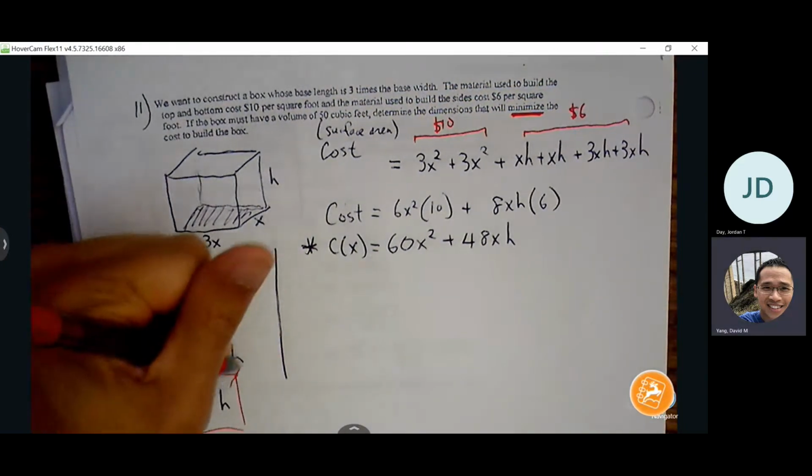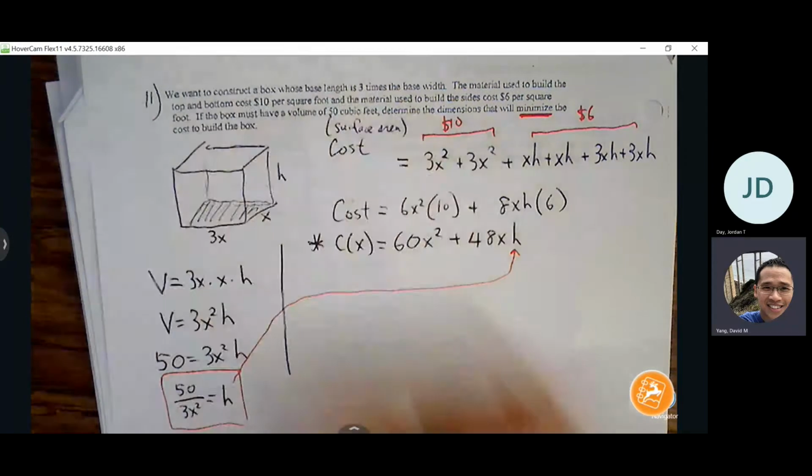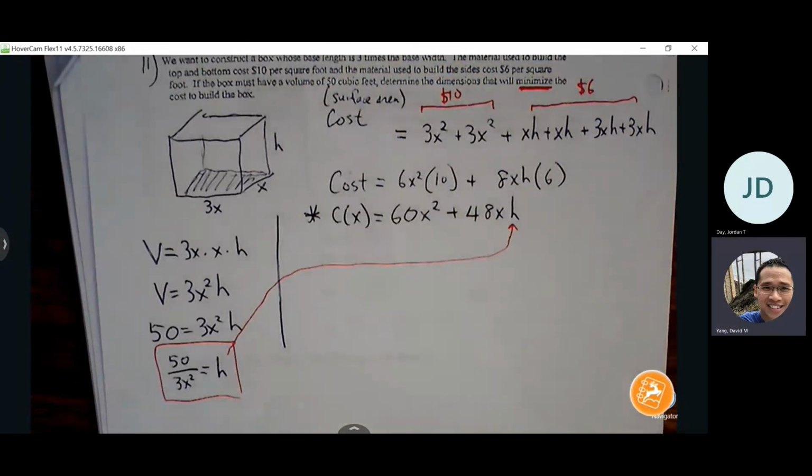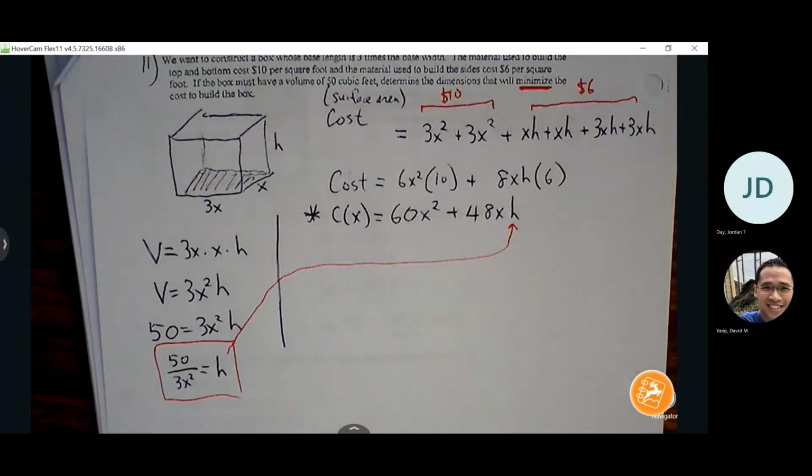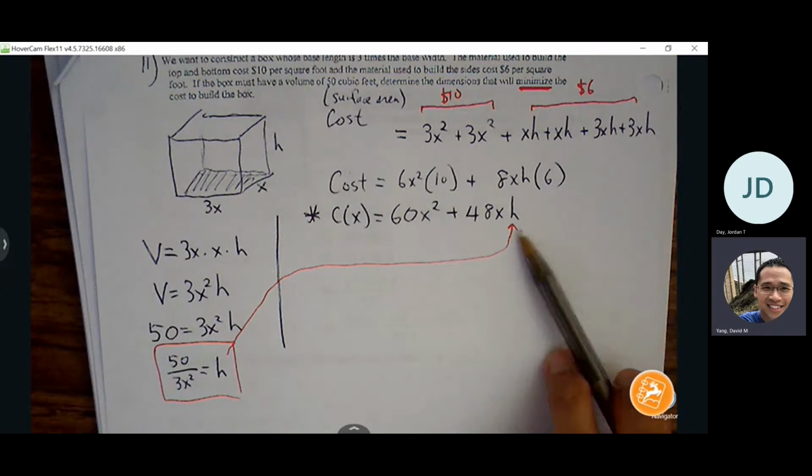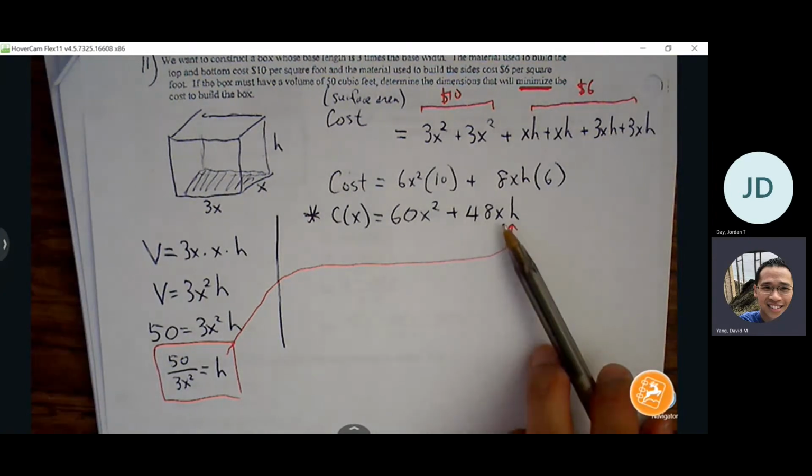Now we're going to insert this. Once you insert that in, you're just trying to get it to the point where you can apply power rules.